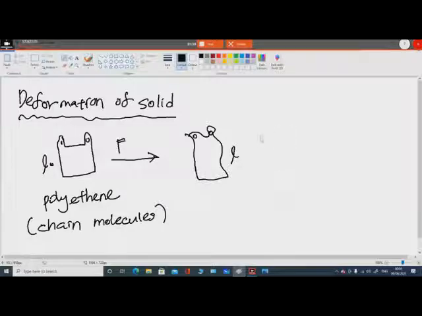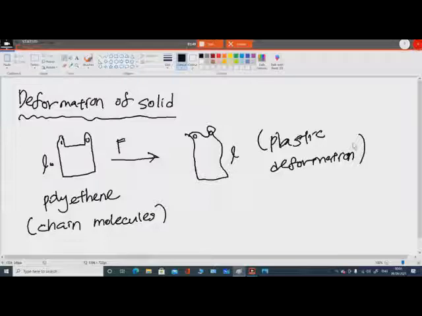This is what we call plastic deformation. Okay, so that is the meaning of plastic deformation.